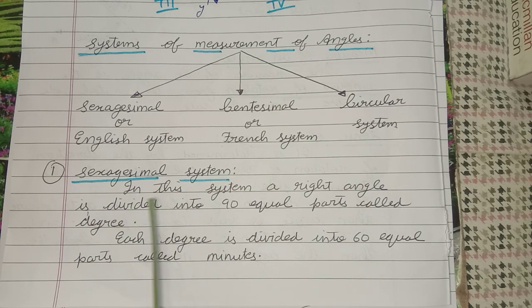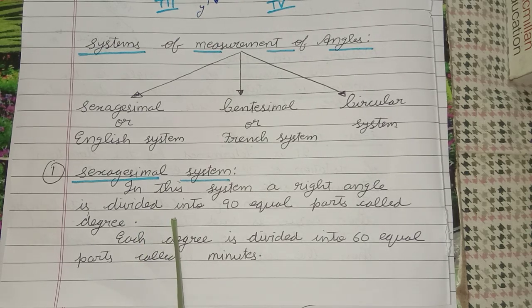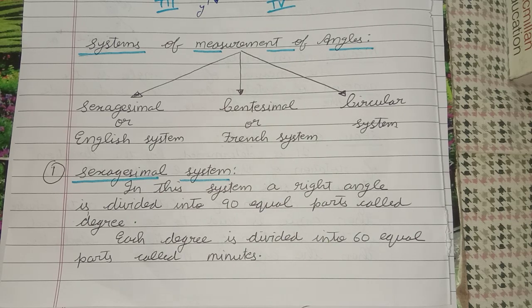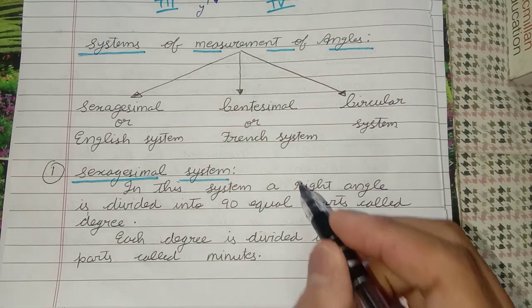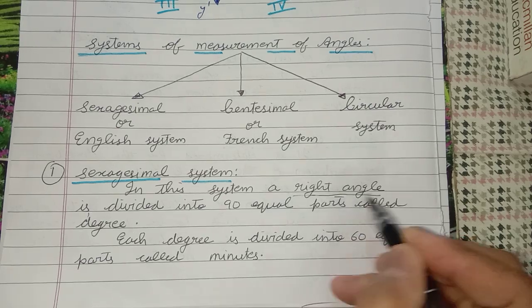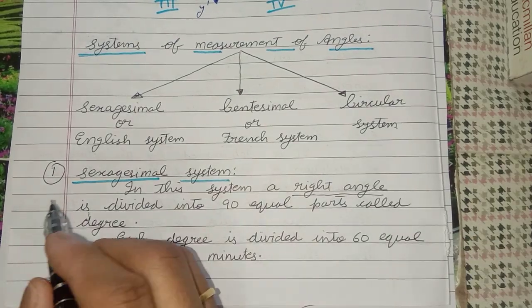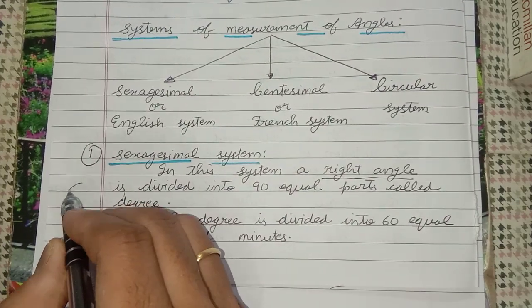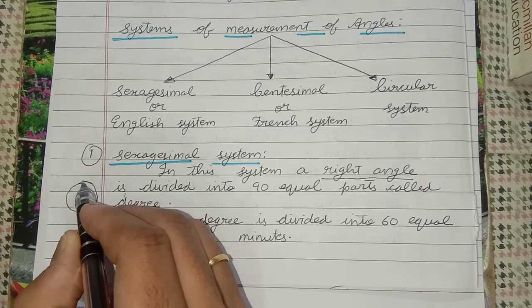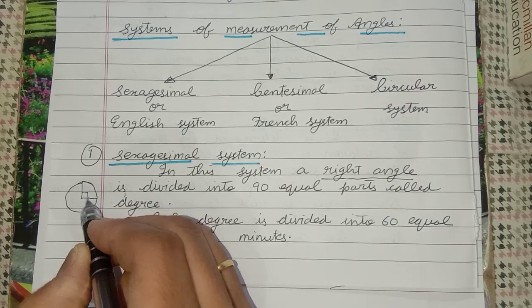Sexagesimal system: in this system a right angle is divided into 90 equal parts called degrees. Each degree is divided into 60 equal parts called minutes. Let us go slow. In this particular system, a right angle, I hope you understand a right angle. If you imagine a clock, this particular angle is a right angle.